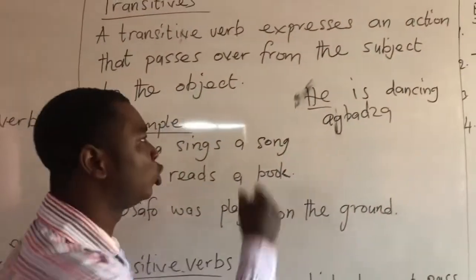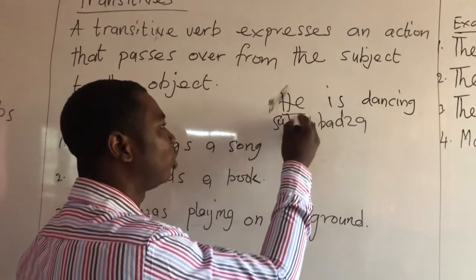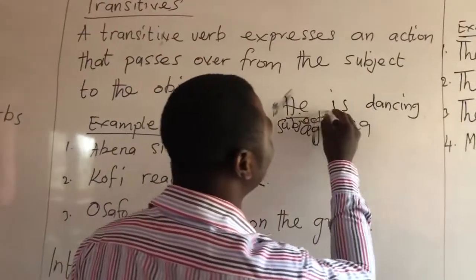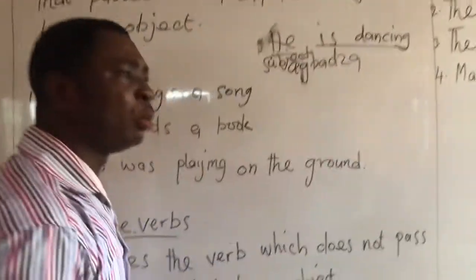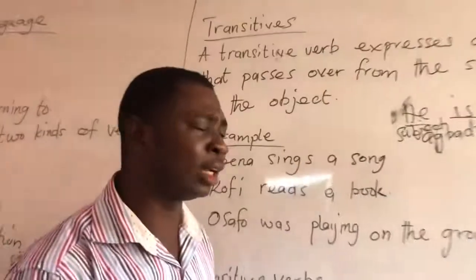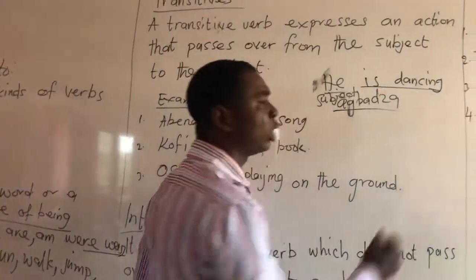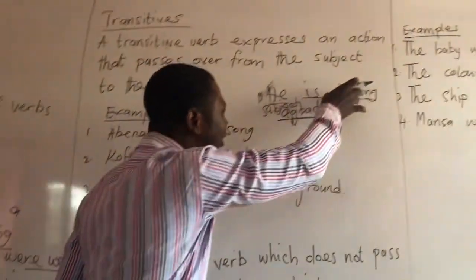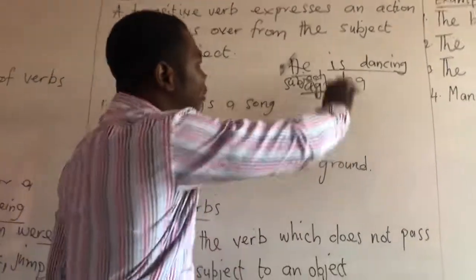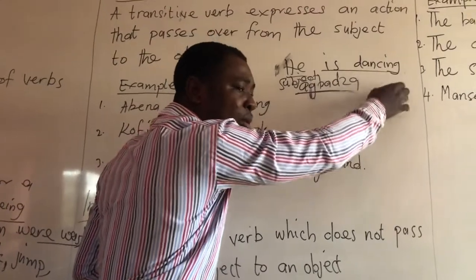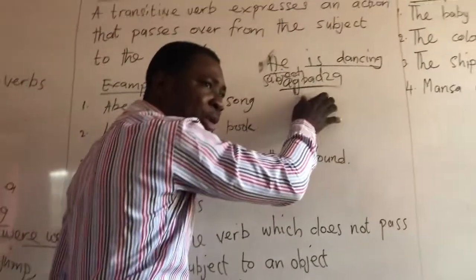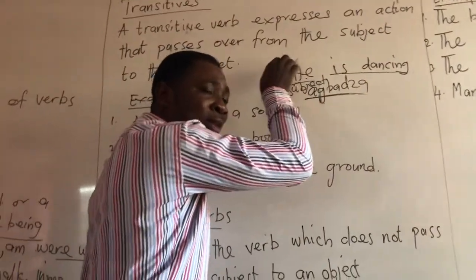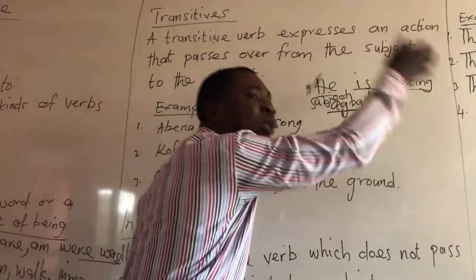The subject. The one performing it is the subject, and the main action is dancing. The object is what the action is happening to.